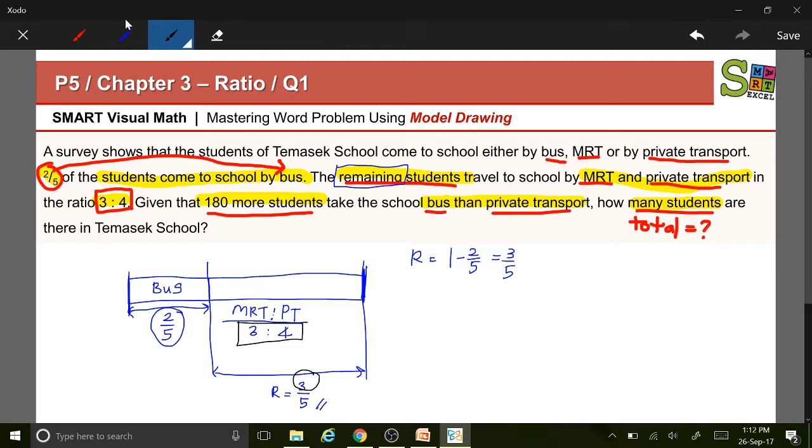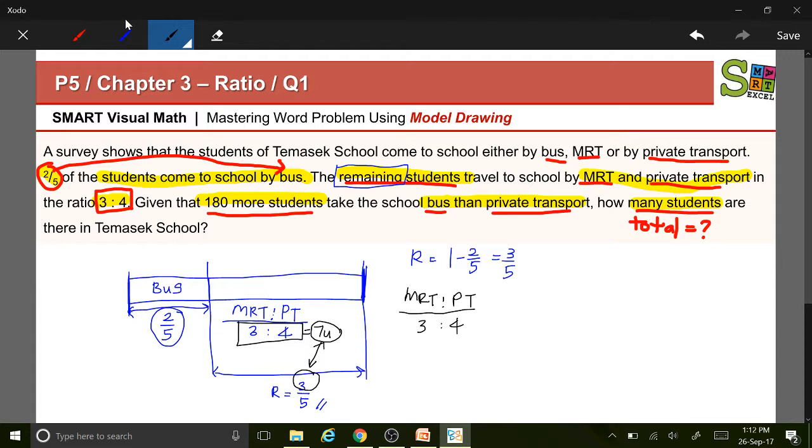So this 3 unit plus 4 unit gives us 7 unit, and we must think of a way to have the LCM to make them the same, because these are the same number of students. The quantity is the same that took the MRT and private transport. Therefore, if I can illustrate it here, MRT is to private transport, the ratio here is 3:4.